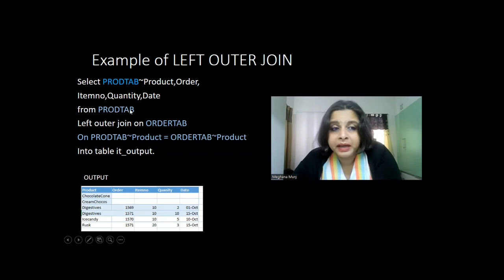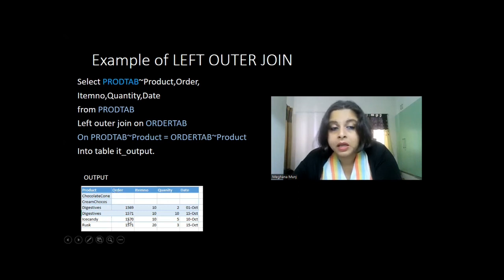Again, as we have highlighted over here, this is the left hand side table and this is the right hand side table. And as we said that in case of a left outer join, each and every entry from the left hand side table will always be there in the output. So if you see over here, all the products which are there in the left hand side table, the prod tab, are featuring in the output.